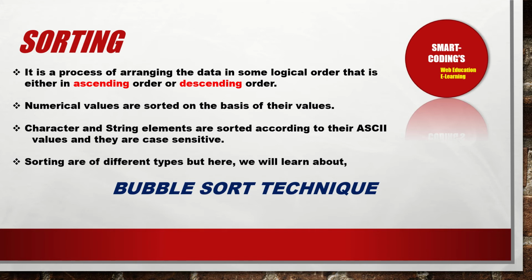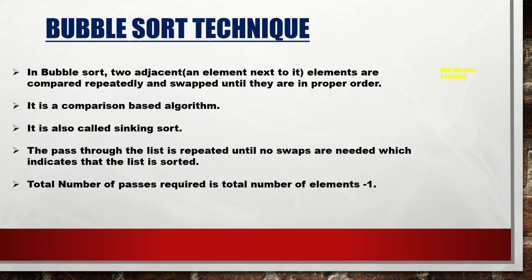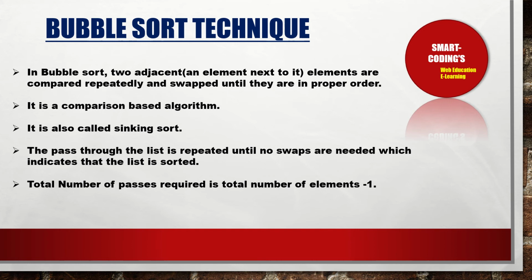Now there are various types of sorting in programming, either in Java or in any other programming language. But in this video tutorial, we'll be learning about bubble sort. Bubble sort is a sorting technique where two adjacent elements are compared repeatedly and swapped until they are in proper order.